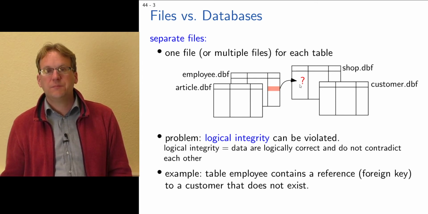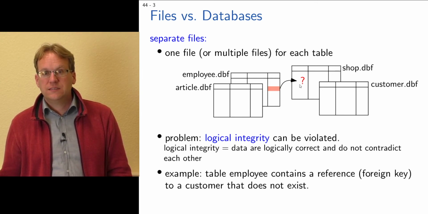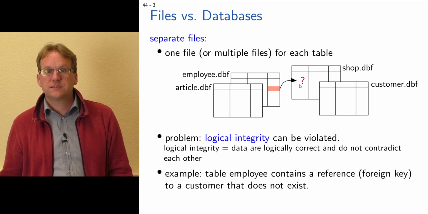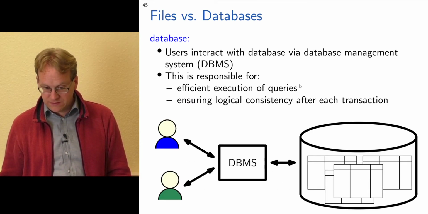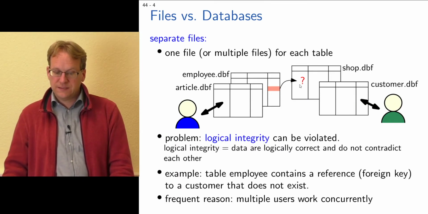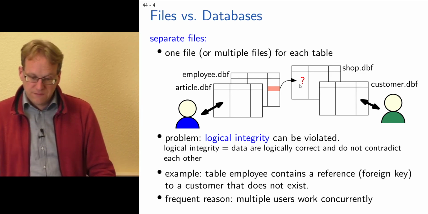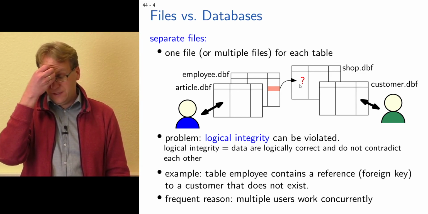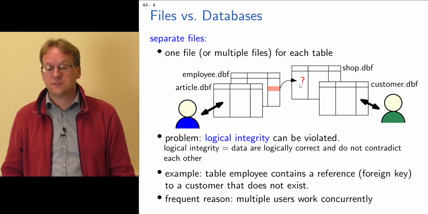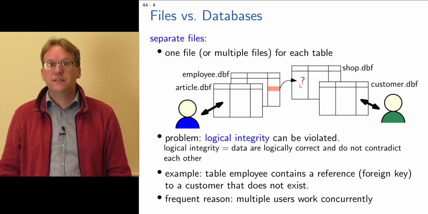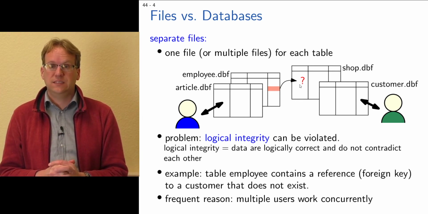This can easily happen if you keep these tables independently of each other in separate files. And especially this can happen quite quickly if you have multiple users working on this set of tables at the same time.